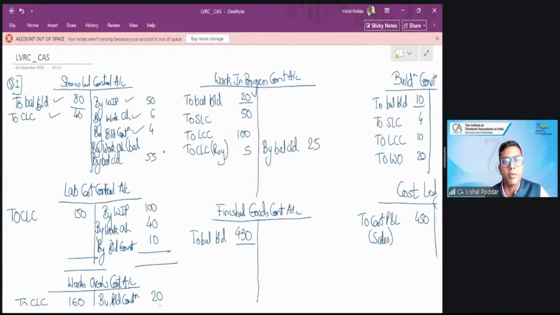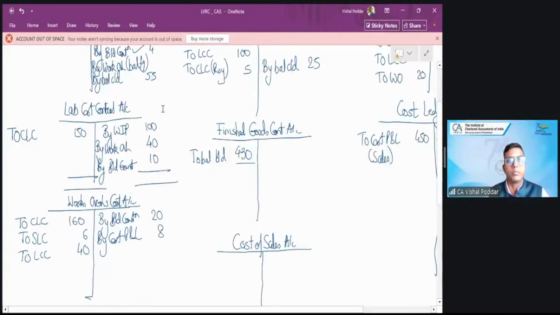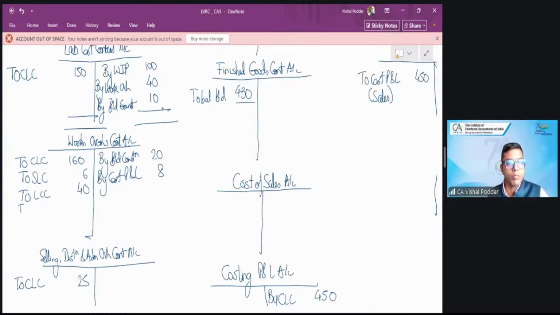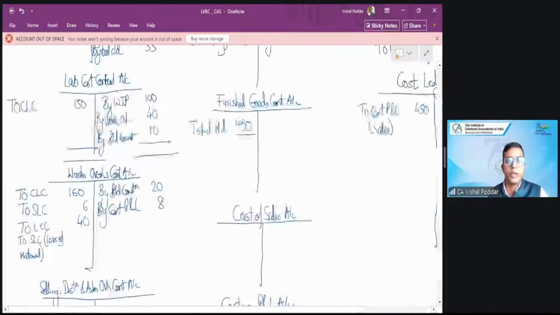How much is this balancing figure, students? Can you balance and tell me? What is the balancing figure in this? Yes, any idea, students?